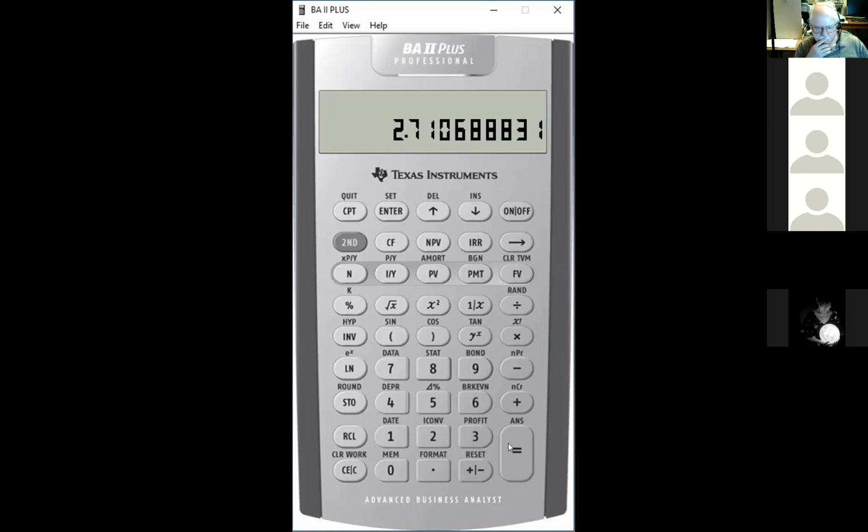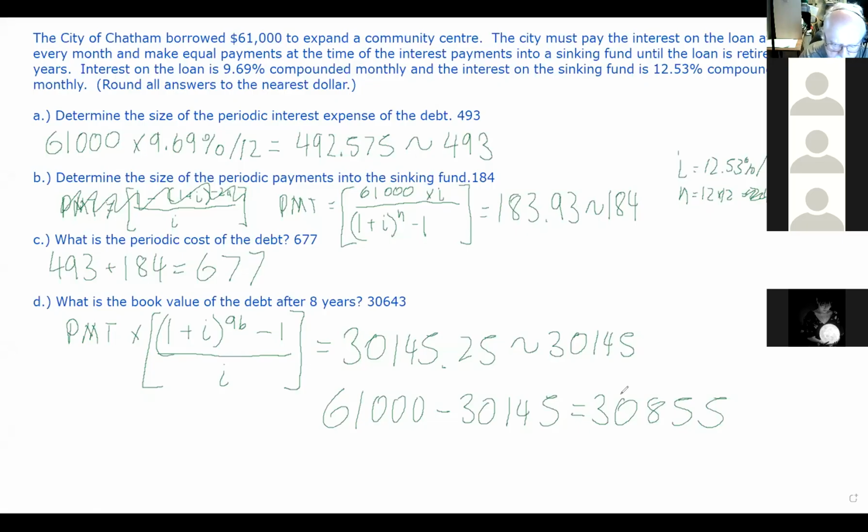I'd better go back and look at the equation because I didn't write it down. So the 184 is the payment times 1 plus i to the power of 96 minus 1 over i. And then we get that answer and we have to go 61,000 minus that.